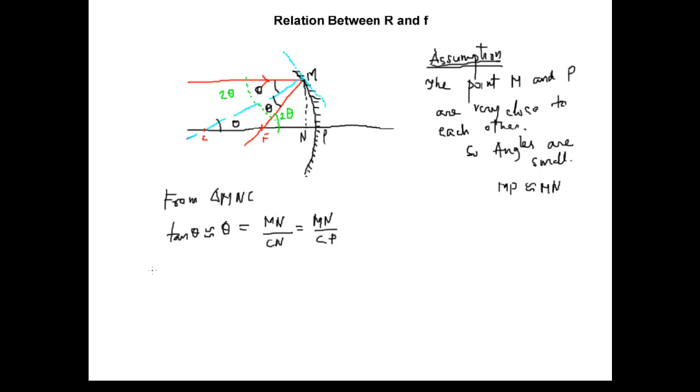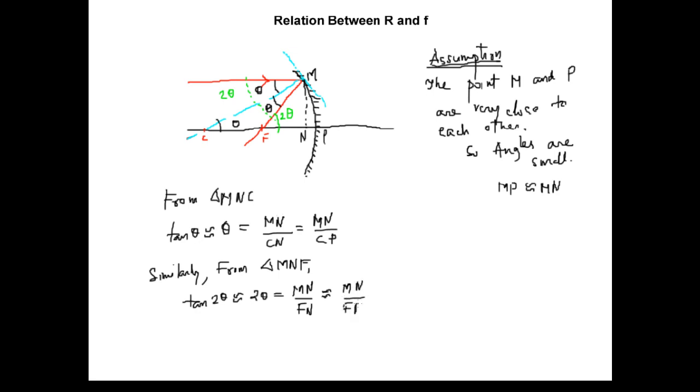Similarly, from triangle MNF, tan of 2 theta equivalent to 2 theta equals MN by FN, which is almost again equivalent to MN by FP.